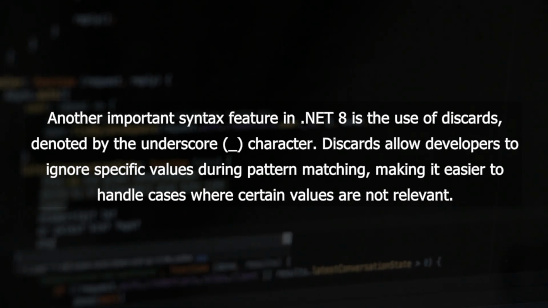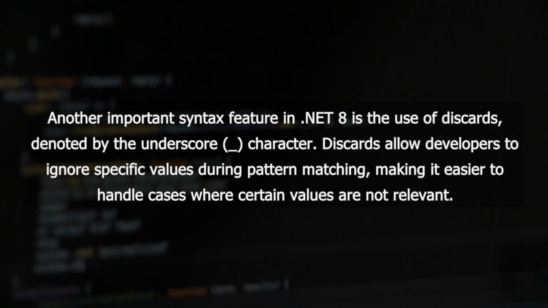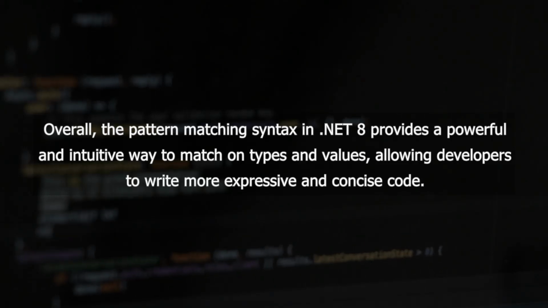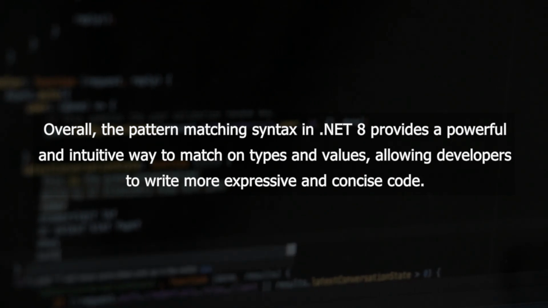Discards allow developers to ignore specific values during pattern matching, making it easier to handle cases where certain values are not relevant. Overall, the pattern matching syntax in .NET 8 provides a powerful and intuitive way to match on types and values, allowing developers to write more expressive and concise code.